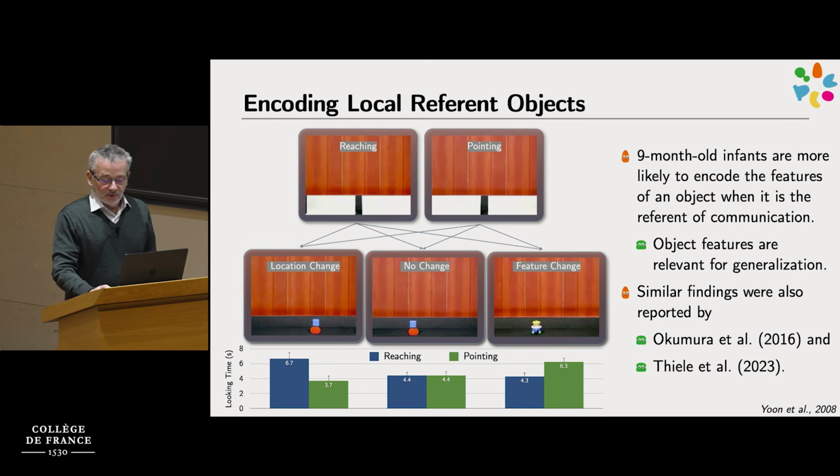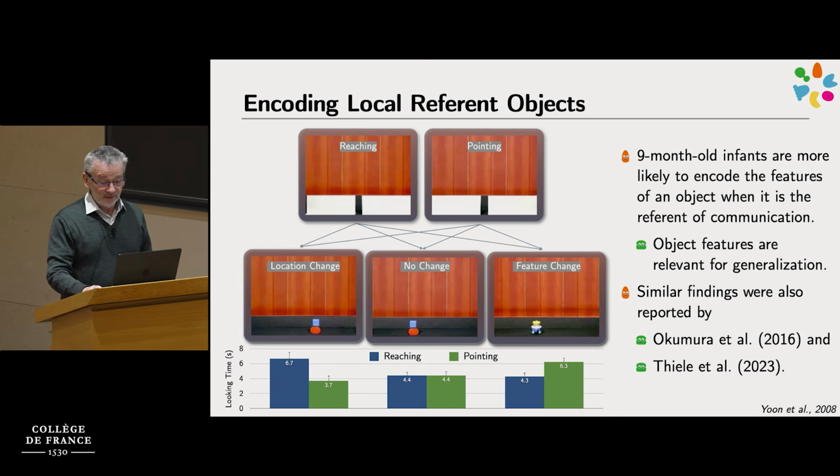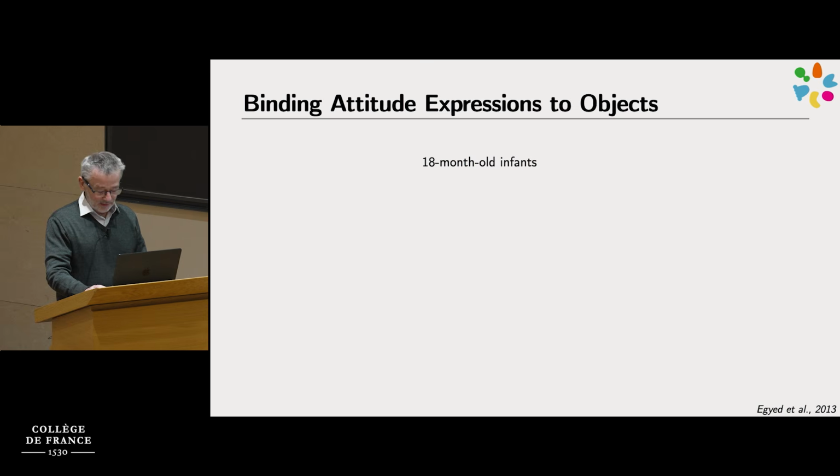So, what's the evidence that infants actually learn? They don't just find the objects, they don't just encode what they are, but they learn something about the object in communication, which they would not learn otherwise. Here is a study that might show that.